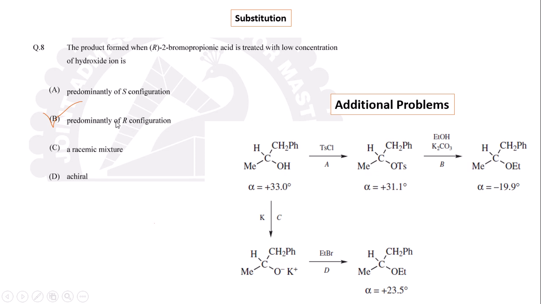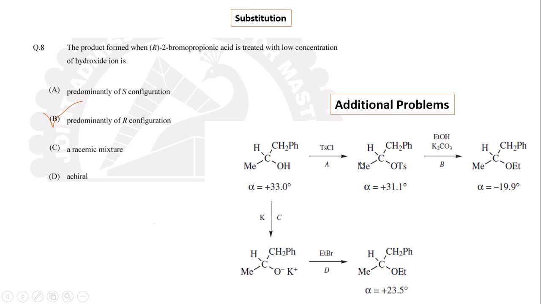is the correct option. The additional problem is taken from a book where the hydroxyl group reacts with TsCl, meaning tosyl chloride, which can be added to the hydroxyl group without disturbing the configuration of the chiral center.